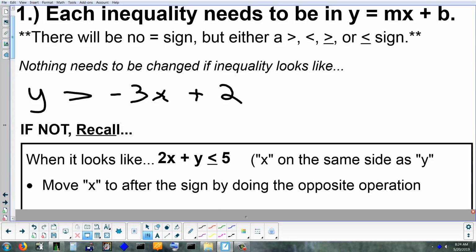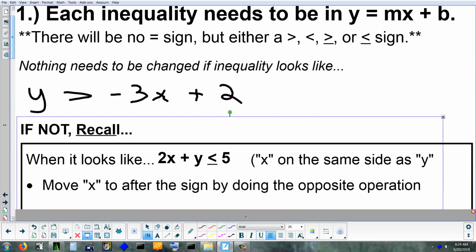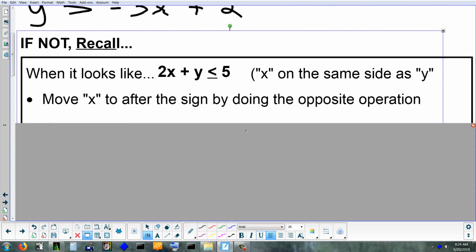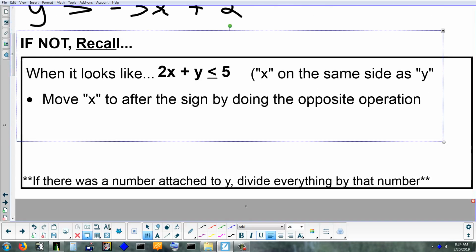It might have been we had to do a plus 6x, minus 6x. It was something like that. Okay, but here you would do a minus 2x. That would move the x to the other side.